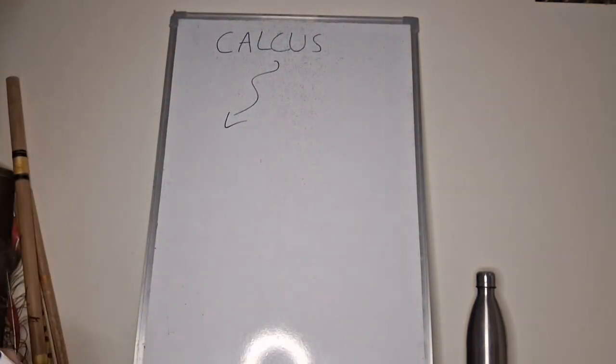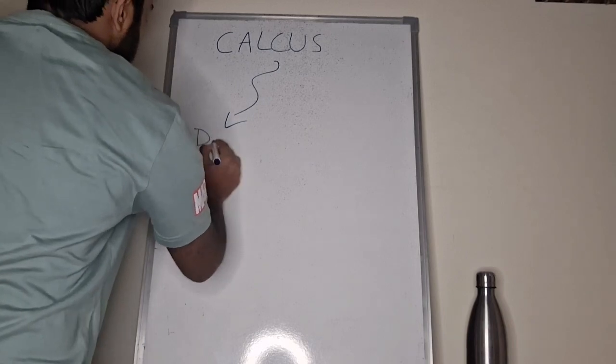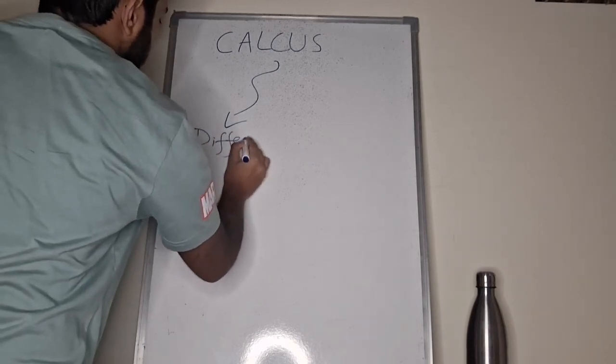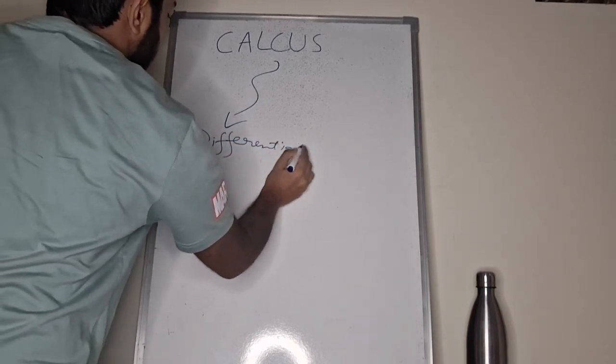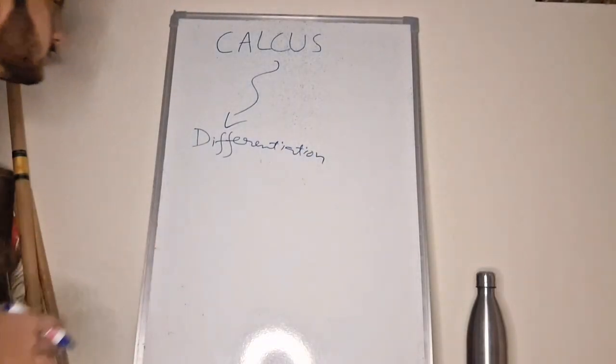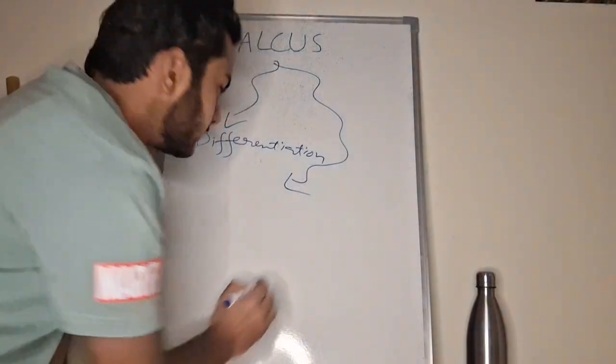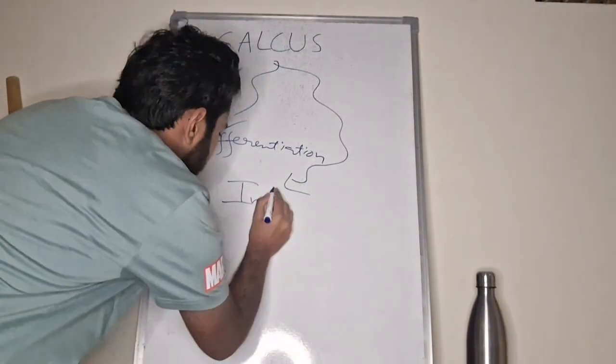Okay. So calculus has two parts. The first one is differentiation. Is it visible? Yeah, it is. And the second one is called integration.